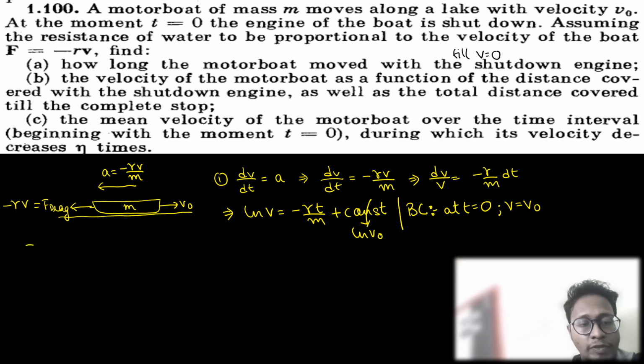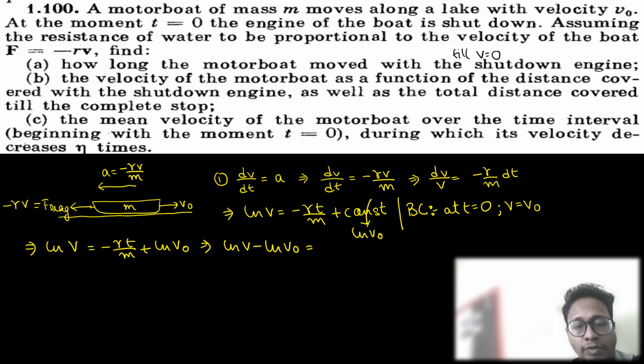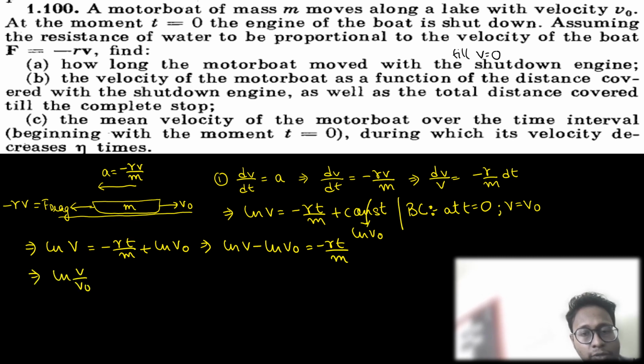So our main equation of velocity becomes ln v is equal to minus rt by m plus ln v0. If we bring this over, ln v minus ln v0 is equal to minus rt by m. This equation becomes ln v by v0 is equal to minus rt by m.